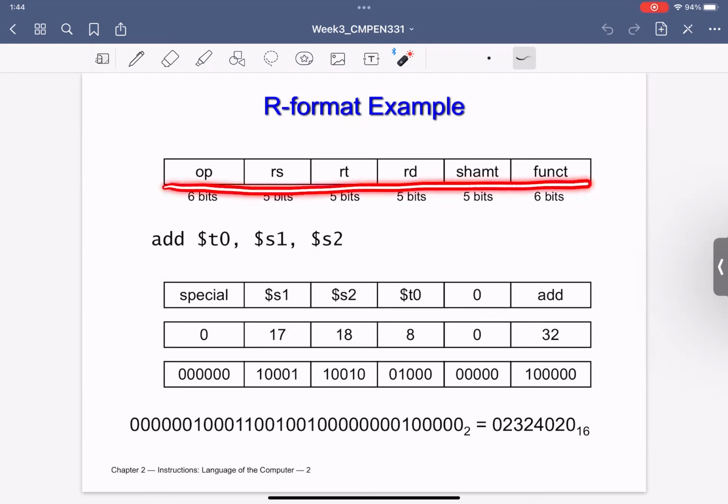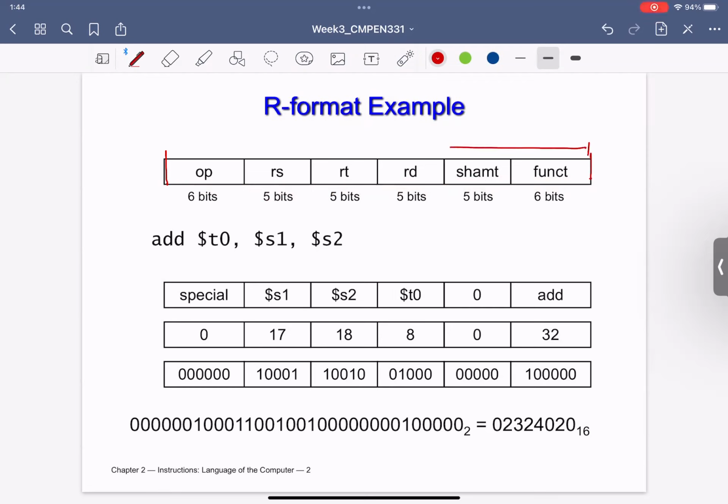format given here. You can think of this as a 32 bits format. All of us, if we would like to write an instruction, will be in the same exact shape.